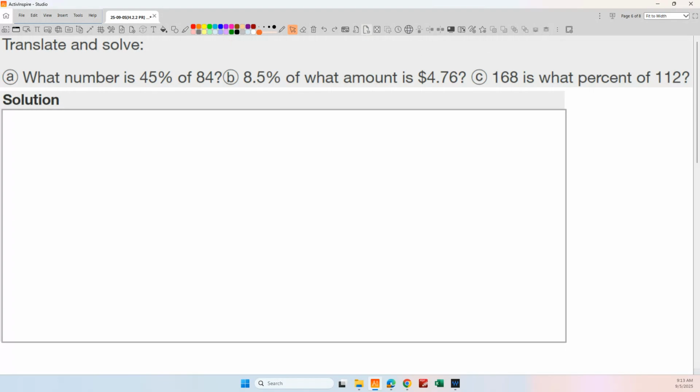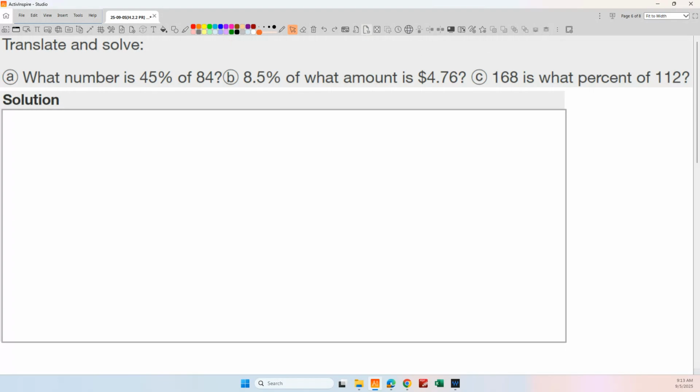Let's look at A. What number is 45% of 84? So the unknown is the number that is 45% of 84. How could I set that up as an equation? 0.45 equals the unknown in this case, right?